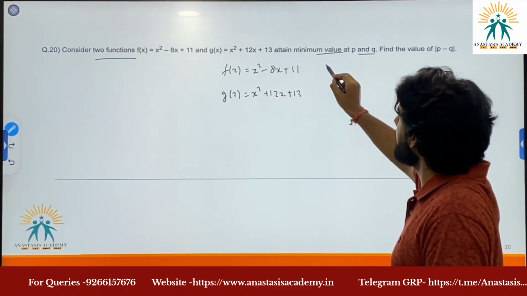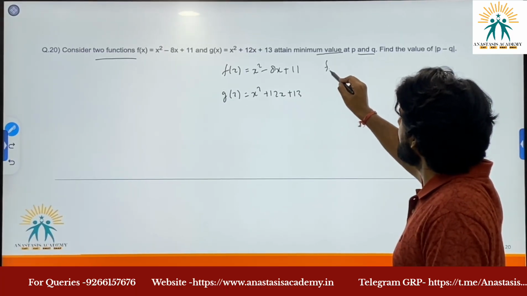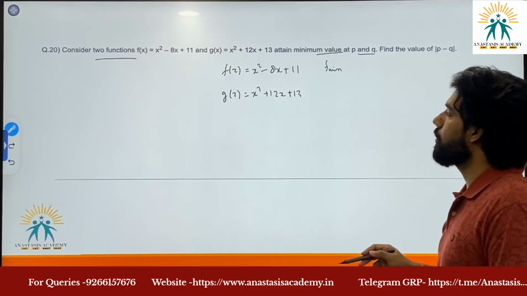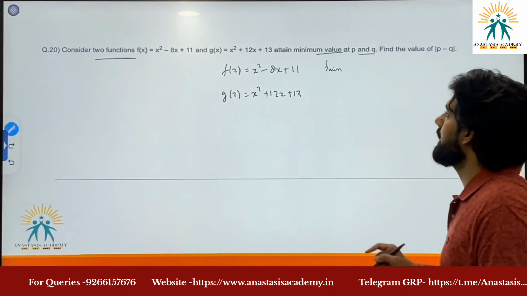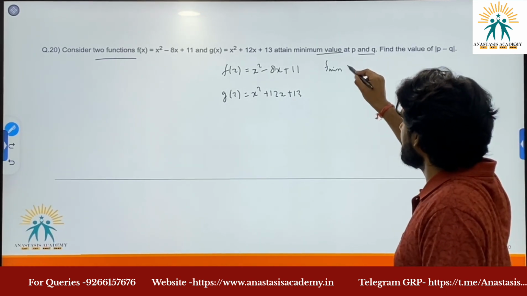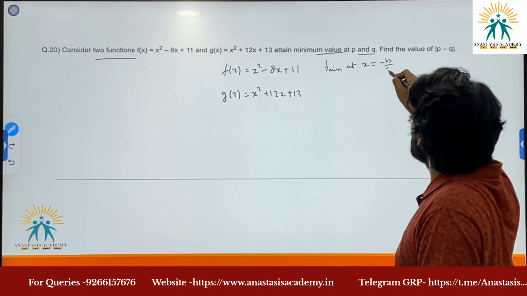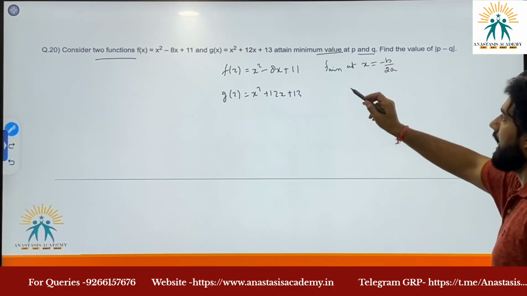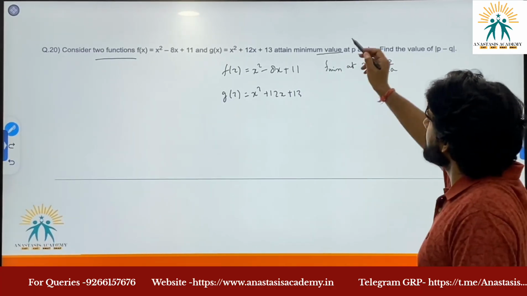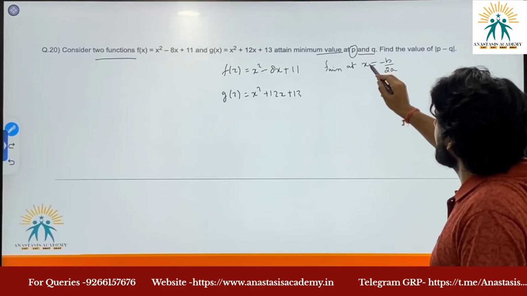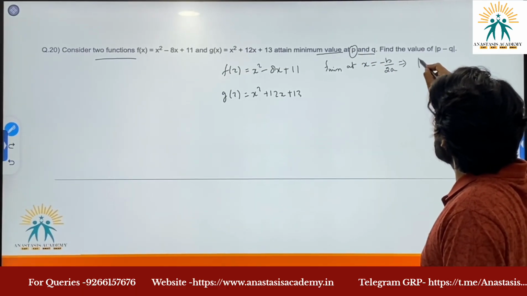For f, I know a quadratic function attains minimum value at x = −b/2a, and it is given that it attains a minimum value at p. So at x = p, it attains minimum value.